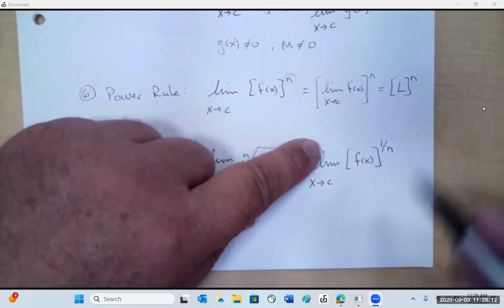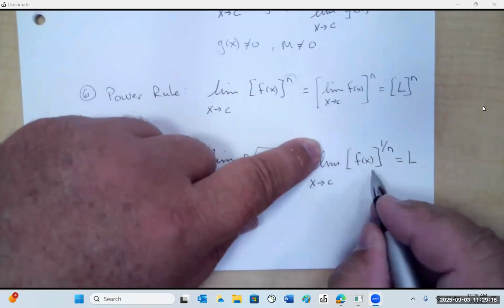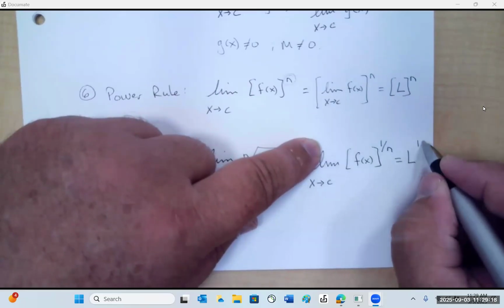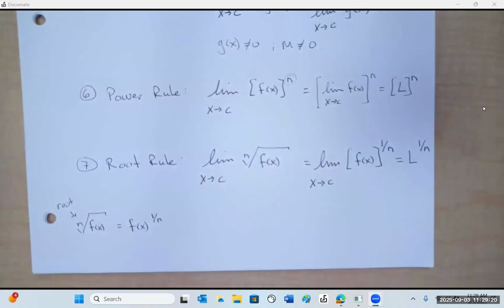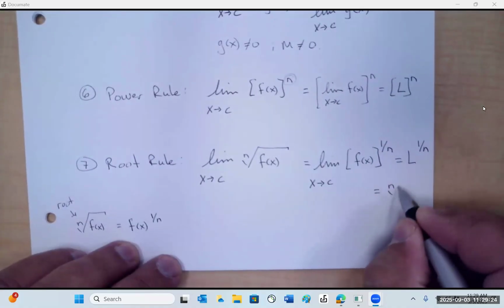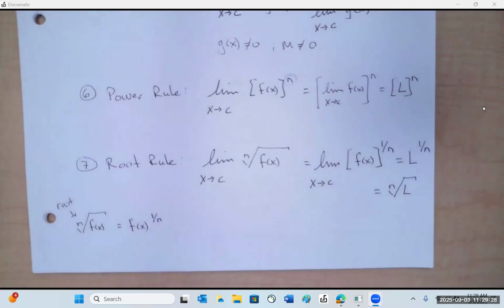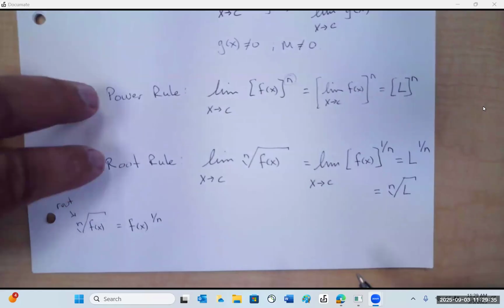So according to this, the limit of f of x is L to the power 1 over n. What that can be written out again is the nth root of L. And we can take it one step further by combining these two rules.